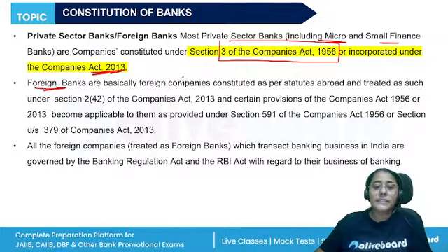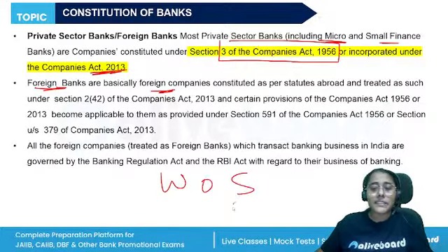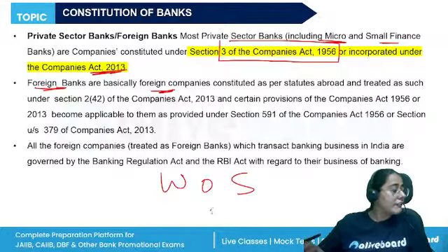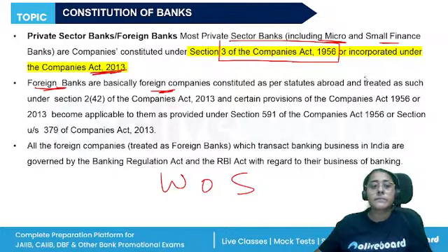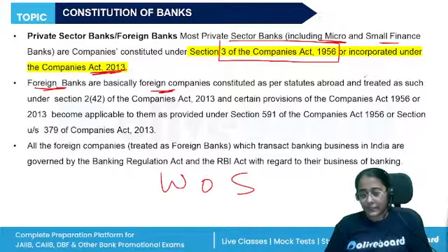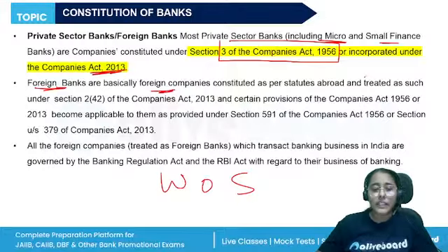Foreign banks are basically foreign companies. They will have wholly owned subsidiaries in India. They can have branches in India. They are established as per the Companies Act of 2013, and there are certain requirements. When will a foreign bank be allowed to function in India?